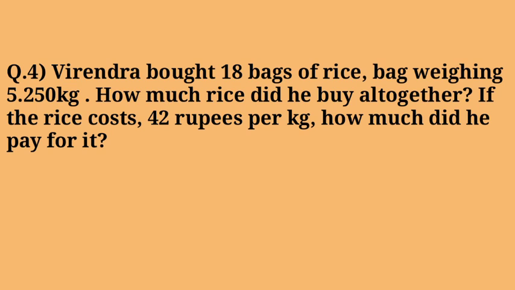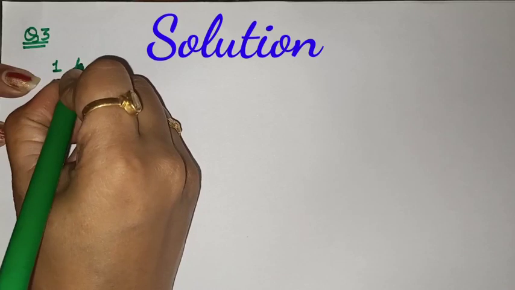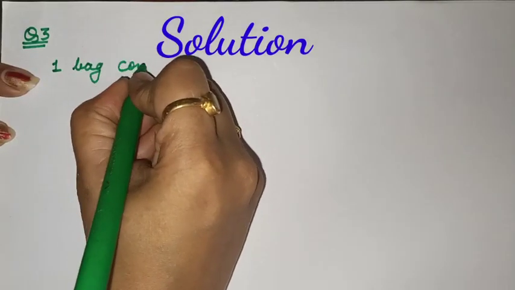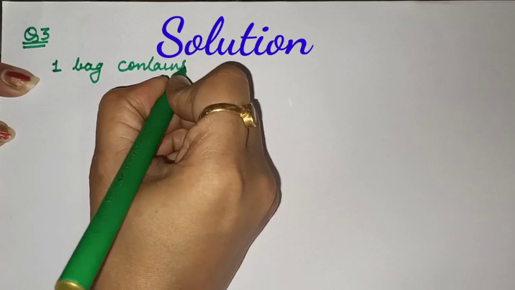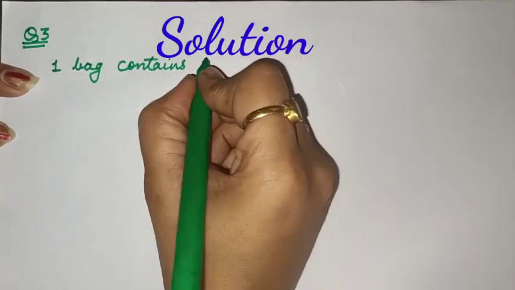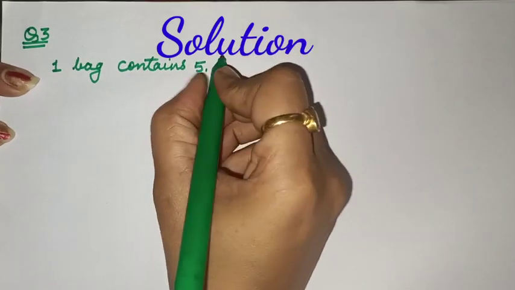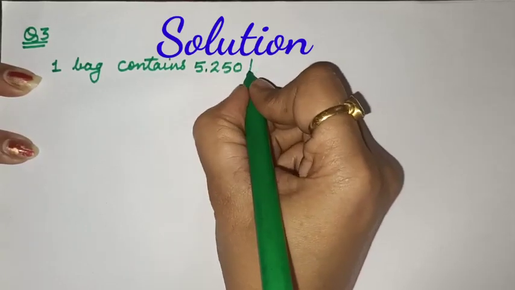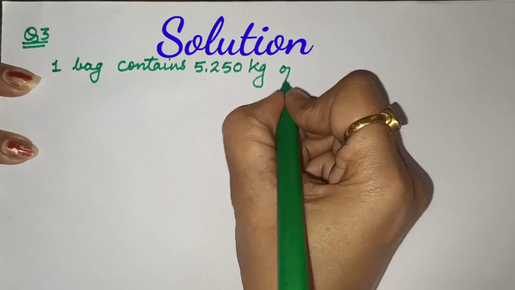How much rice he bought and how much he paid for it. So let us start. One bag contains 5.250 kg of rice, right?